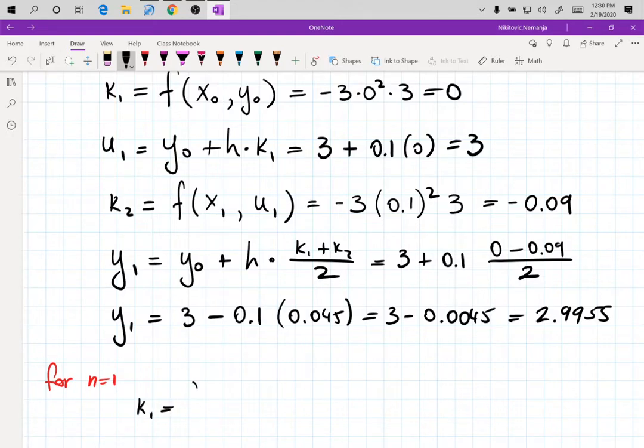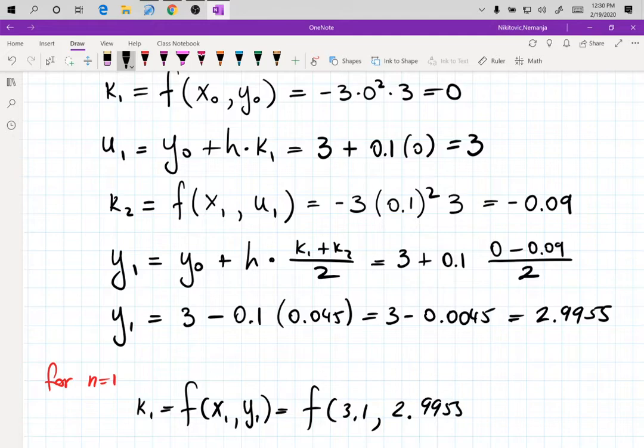K1 is equal to f of x1, comma, y1. Your x1 is the 3 plus the step size, right? So it's 3.1. F of 3.1, comma, 2.9955.